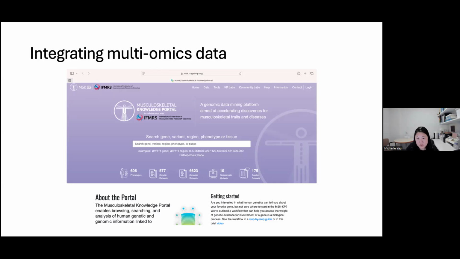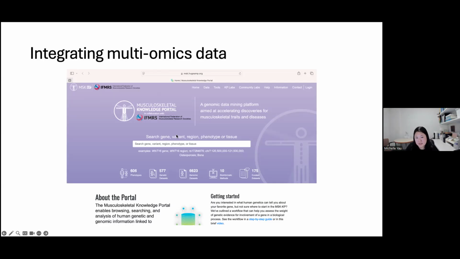Within it, there's a number of gene expression data and single cell data, and you can integrate your GWAS findings with single cell data, gene expression data, and epigenetics data. I think there's a tool within the portal for you to integrate those data. Or if you want to more simply just look something up, you can do that as well.